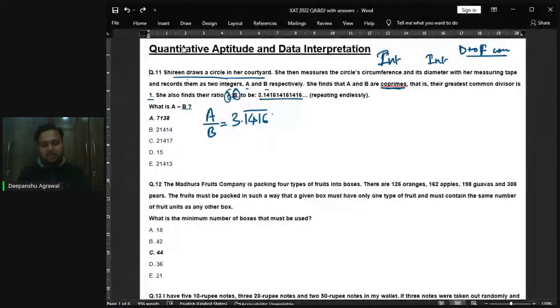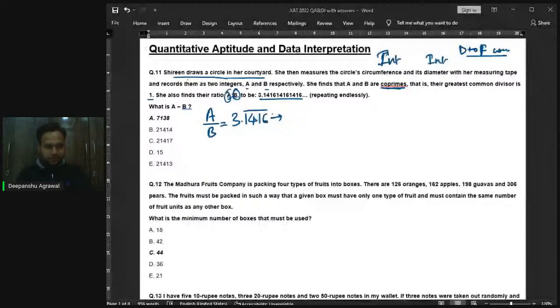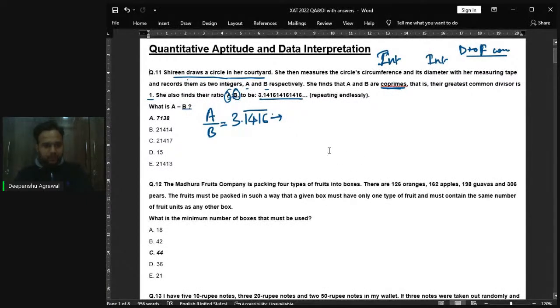So this is 3.1416, and there's a bar on 1416. The first thing that we need to do is convert this 3.1416 bar into a fraction. And how can we do that?